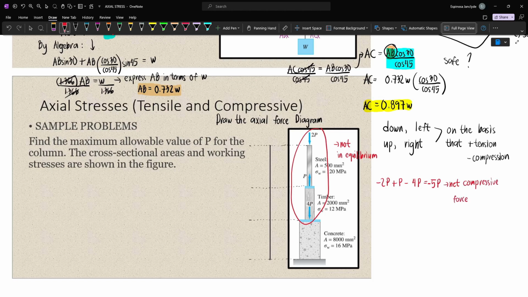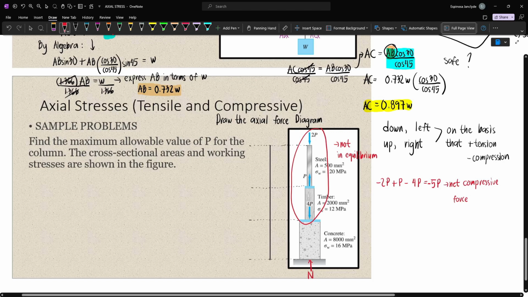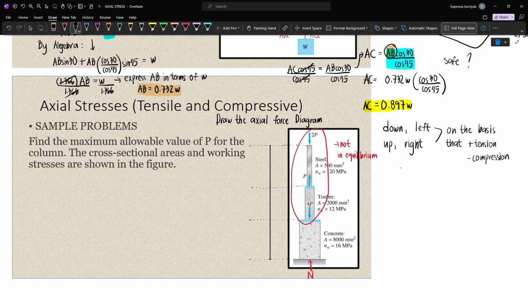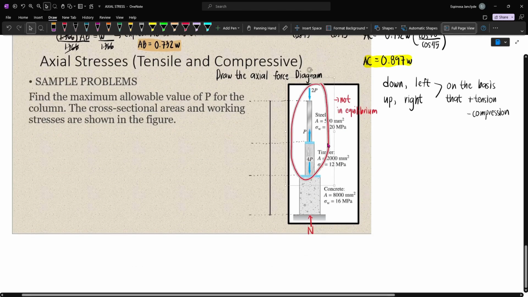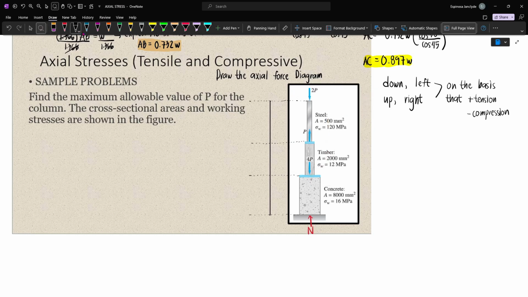We need to counteract that through the normal reaction at the bottom. And so let's add our normal reaction and then let's sum up forces vertical. We have minus 2P plus P minus 4P plus N is equal to 0. Moving all terms containing P to the right, N is equal to 5P. And so this is our normal reaction.